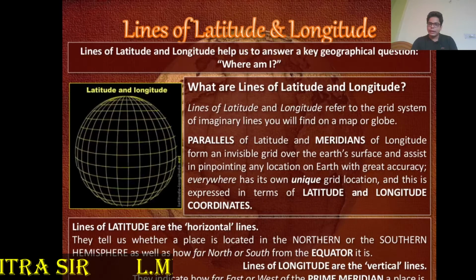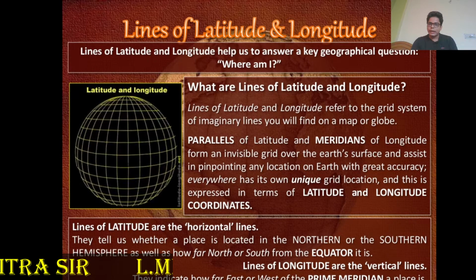First, we have to know the latitudes. Latitude is an imaginary line which runs east to west, parallel to the equator. The equator is the 0 degree line, and it is also considered a great circle.